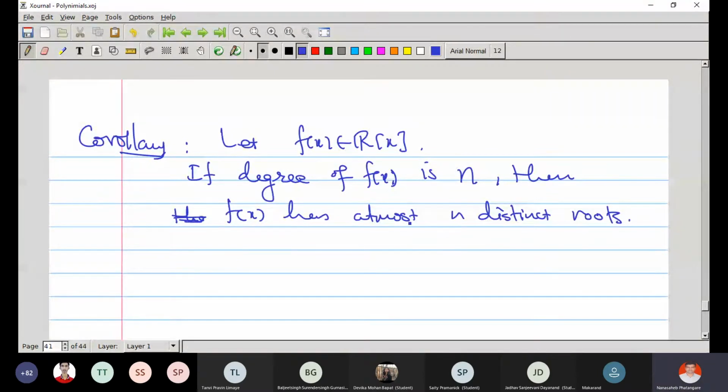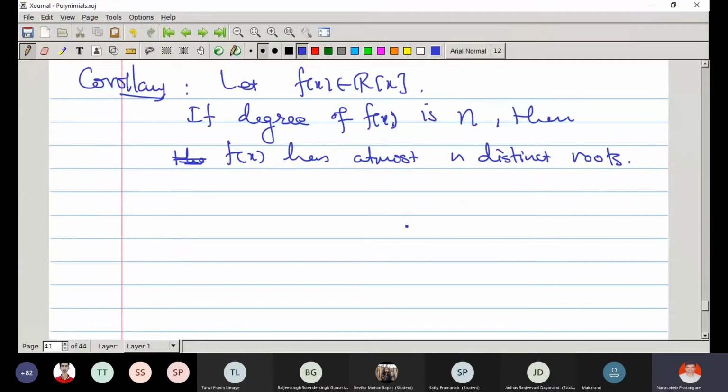If degree is n, then it has at most n distinct roots. Roots might be repeated, so the number of distinct roots may be less.